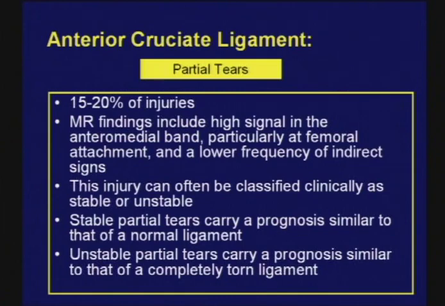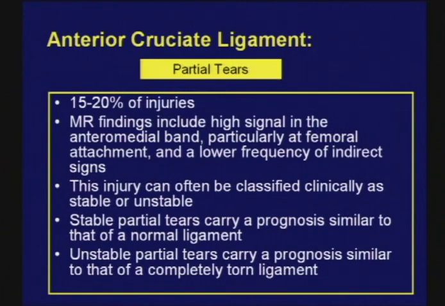As I indicated, some of the reports have indicated anteromedial band involvement, but I have seen an equal number, unproven, of course, with posterolateral involvement. What I would emphasize is that the partial tear can be classified as stable or unstable on physical exam. Stable partial tears carry a prognosis similar to that of a normal ligament. Unstable partial tears carry a prognosis similar to that of a completely torn ligament.